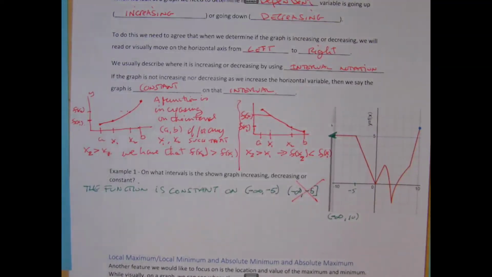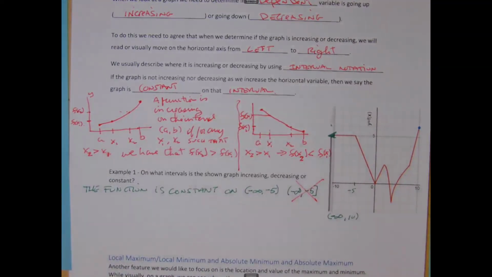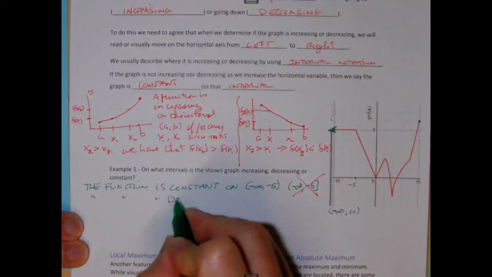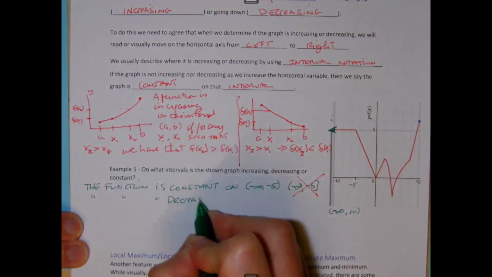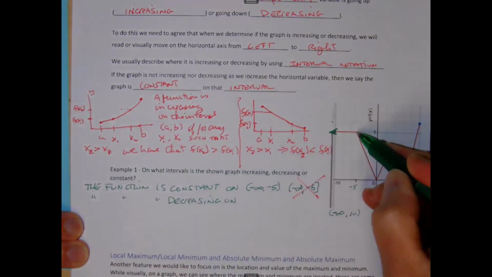In reality, it doesn't belong anywhere. We're describing one interval where the graph is doing something, in this case, constant. What about decreasing? Well, the function is decreasing on, and now you see right here, starting at -5.